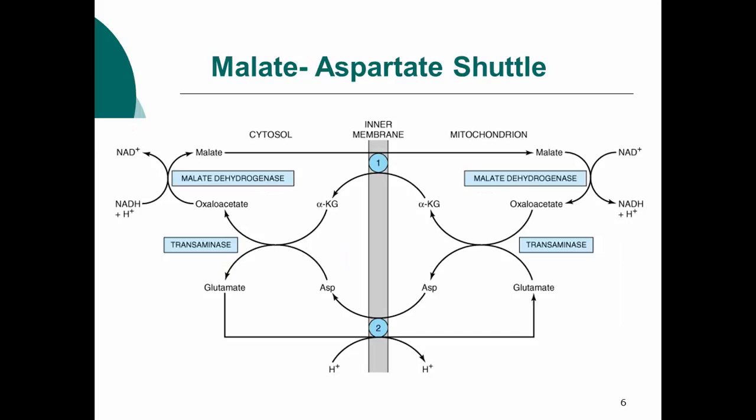And the other shuttle system is mainly the malate-aspartate shuttle, right? This shuttle is able to transfer electrons from NADH in the cytosol back to NAD, so generating NADH in the mitochondria. So this system is able to produce the 3 ATPs, right, from cytosolic NADH.